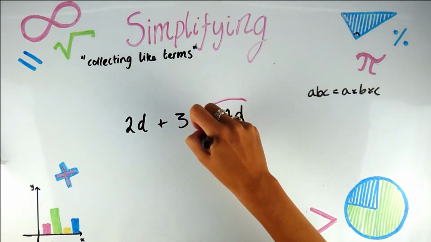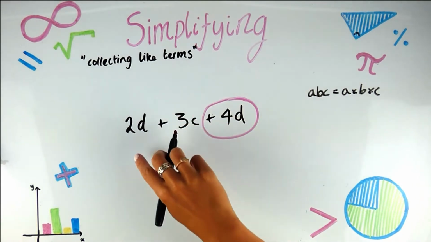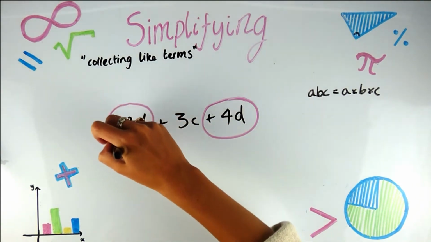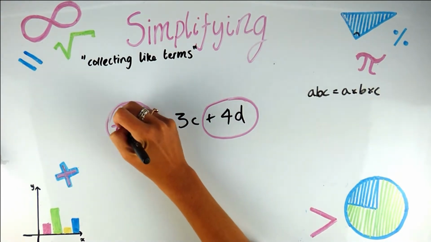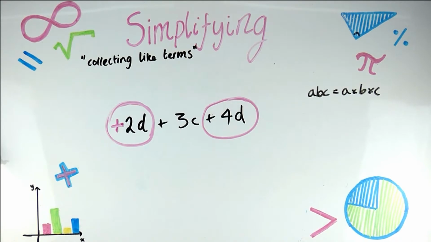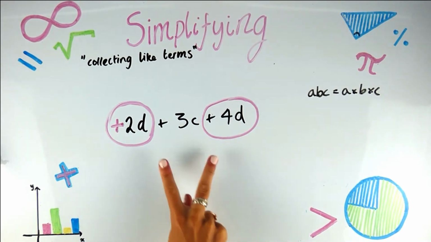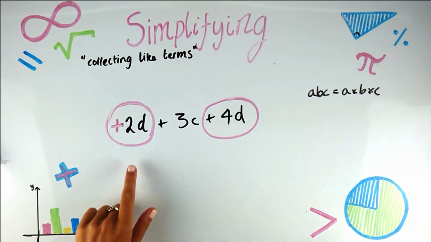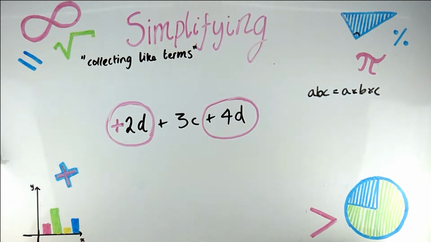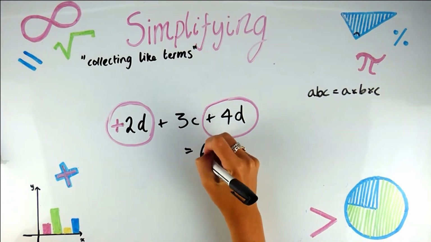So we have here plus 4D, and here we have 2D. And we know it's not negative 2D because otherwise it would say, so this has an invisible plus. And because you know these are both Ds, you can now just add them together like we did before. So like 2 dinosaurs, 4 dinosaurs, 6 dinosaurs type thing.